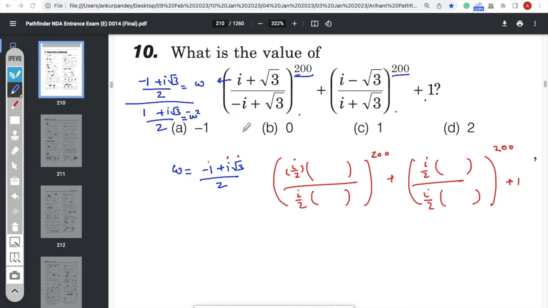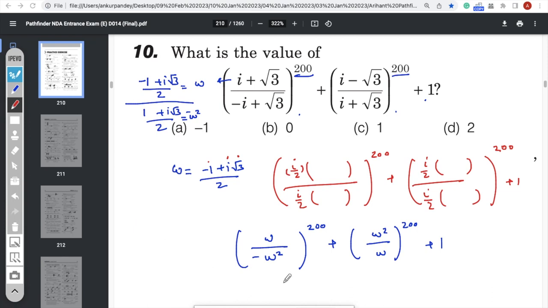So it is omega by negative omega square whole to the power 200, plus omega square by omega whole to the power 200, plus 1. Yes or no? Negative to the power 200 is positive. Omega can be written as omega to the power 4. You know it very well. So omega square cancels omega square. Yes or no? So omega square plus omega plus 1.